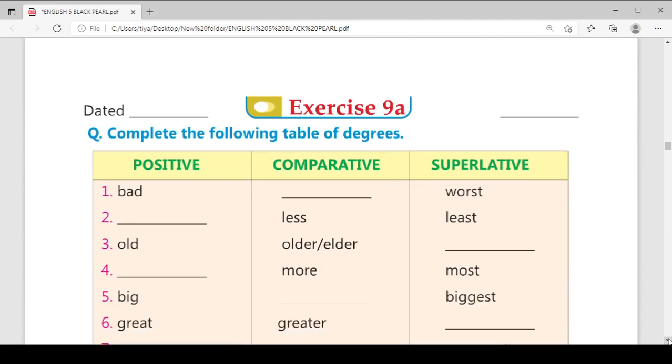I hope you are getting my point and you are able to understand what the degrees are and where we need to use them. Sometimes students ask the silly question of why we need to learn the degrees, the voices, the tenses. The simple answer is that you are learning a language, and you need to understand the concept and the grammar of the language.